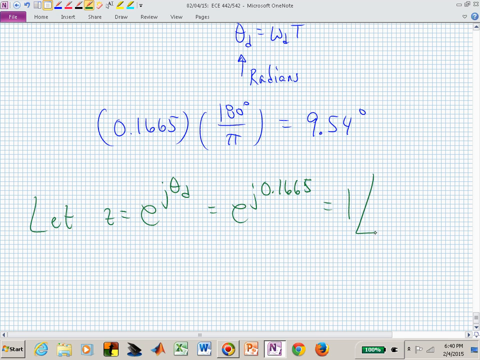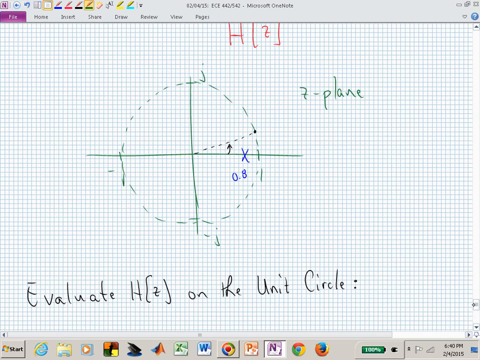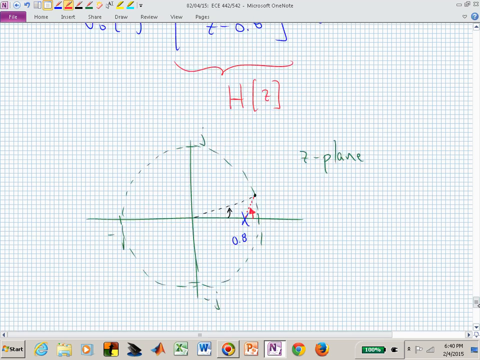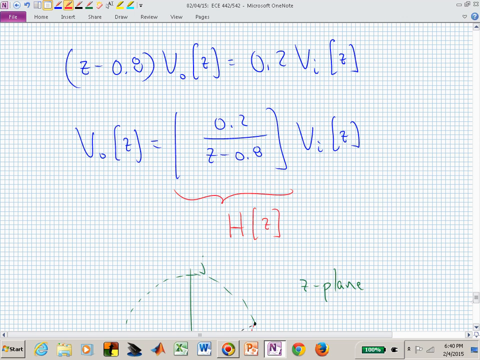This is at 1 at an angle of 0.1665 radians, or 1 at an angle of 9.54 degrees. Which really means that we are moving to that point and that angle, and that's what's going to be injected into, or result from, this H of z evaluated at that point on the unit circle.